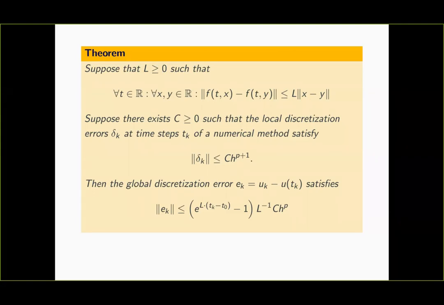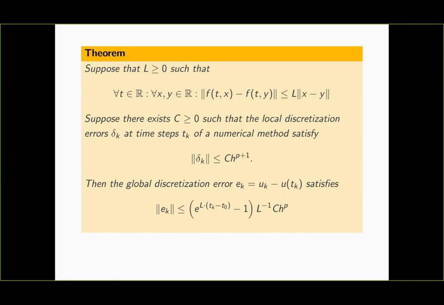If that is known, then the global discretization errors at time tk, which is ek, equal to uk minus u at time tk, satisfy that the Euclidean norm of ek is bounded from above by the exponential of L times tk, minus 1, times L to the minus 1, times c times h to the p. Now let me remark the following.